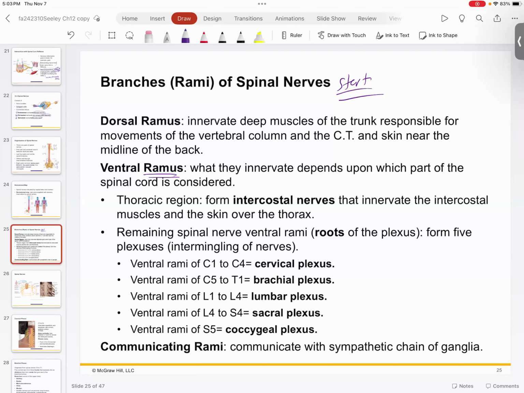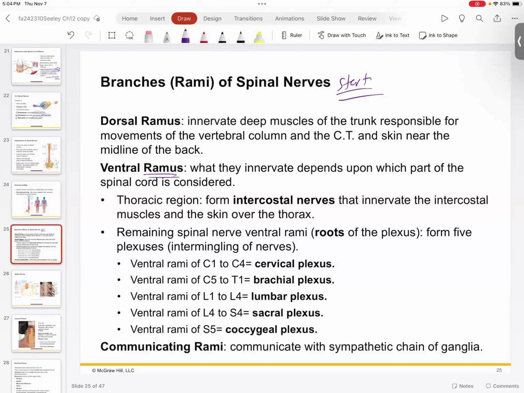The spinal cord itself is sort of split up. Once you exit the spinal cord and move through your roots, your dorsal and ventral roots, you're going to start to break up into what's called a plexus, which is essentially a network of nerves. Those plexuses will move throughout different localities of the body.